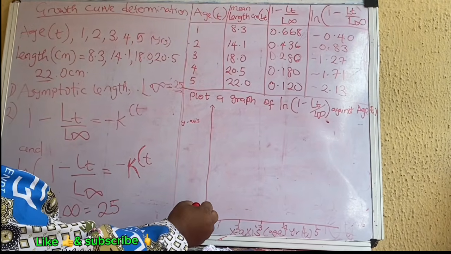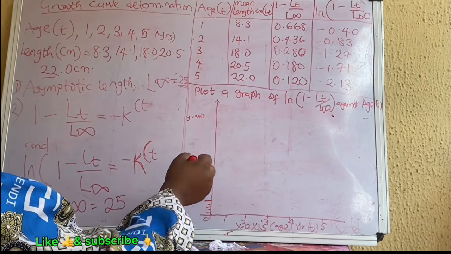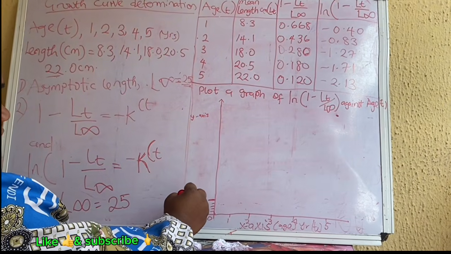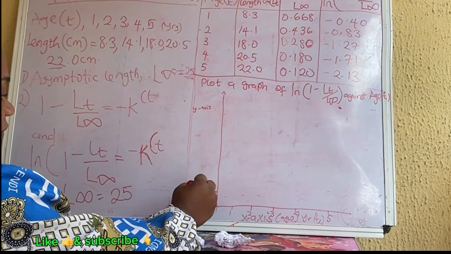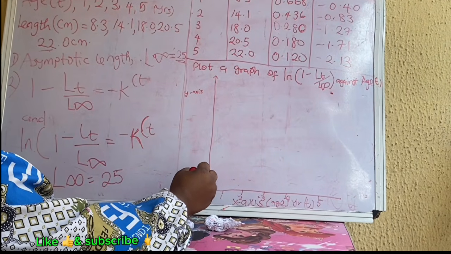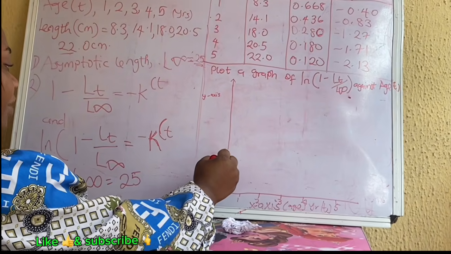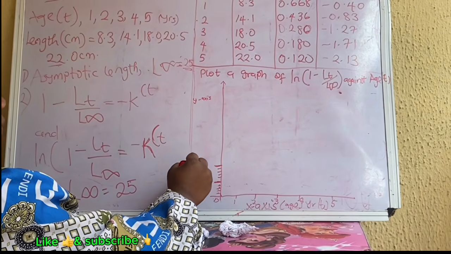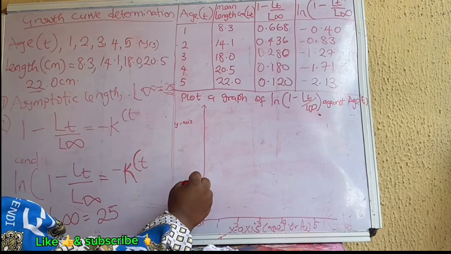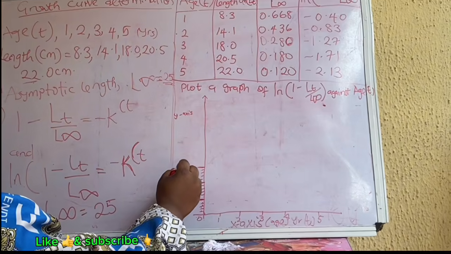You have 1, 2, 3, 4, 5 units, and each unit will contain 0.1, so 0.1, 0.2, 0.3, 0.4, 0.5 minus. Then the next 1, 2, 3, 4, 5 is minus 1.0. The next 1, 2, 3, 4, 5 is minus 1.5.